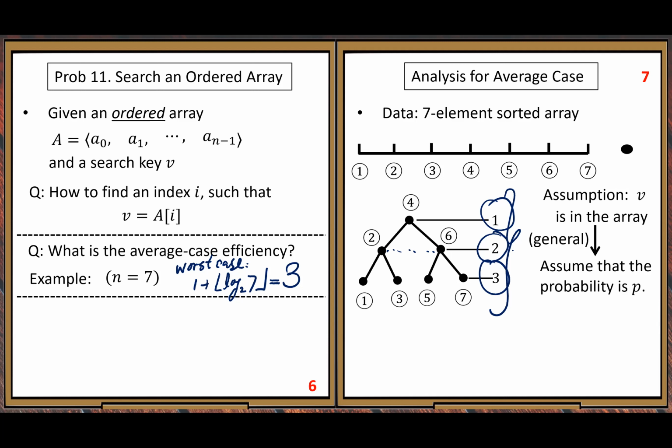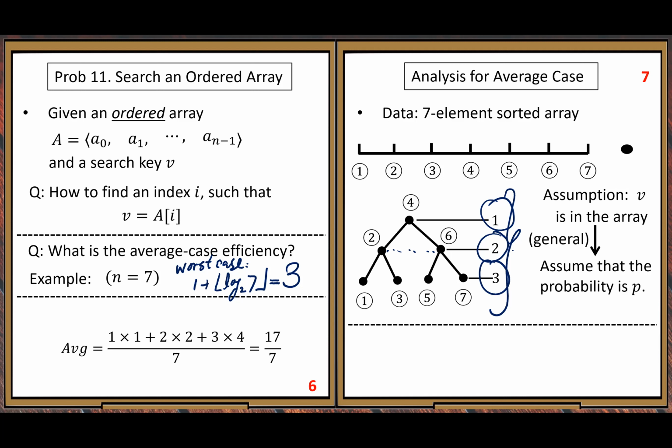Based on that, let us write the average number of comparisons for these 7 cases this way. Because there is only 1 element in the top level, for 1 comparison there is only 1 element. For 2 comparisons, there are 2 elements, so 2 times 2.